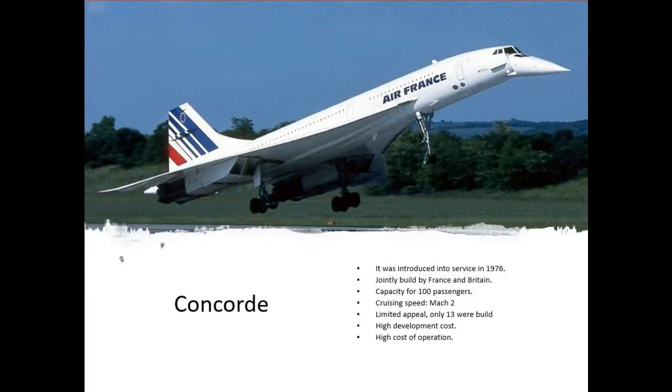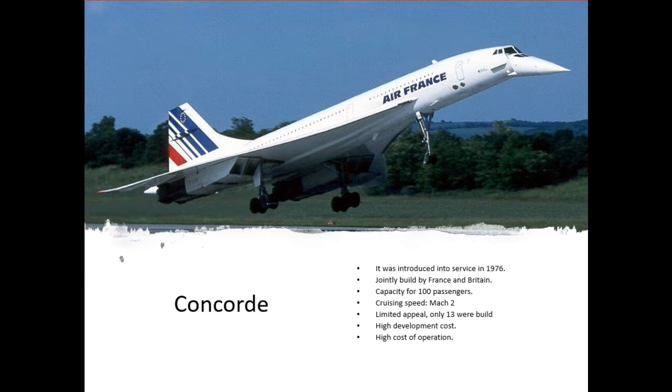And we had Concorde after that. Concorde was actually introduced in 1976, operated by Air France and British Airways, from France and Britain, and it has the capacity of carrying 100 passengers. It was very limited in appeal, because we had a very limited number of Concordes at that time.